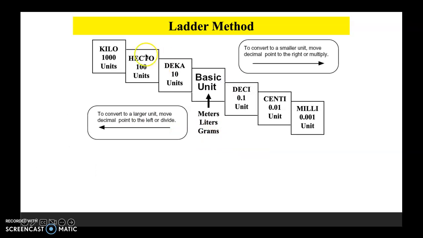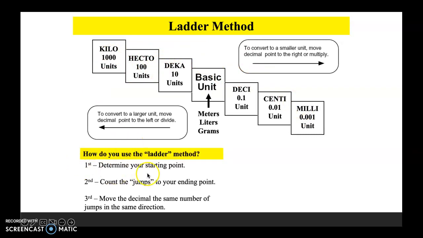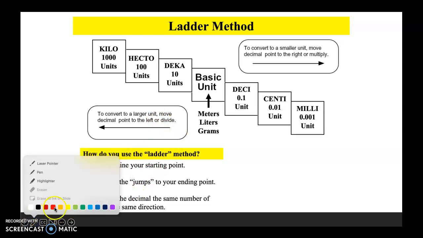So the way we convert between the prefixes is we use what's called the ladder method. First thing you do is determine your starting point. Then you count how many jumps it takes to get to the end point. And then from there, move your decimal the same distance.